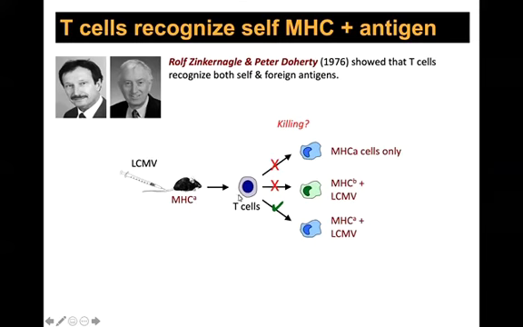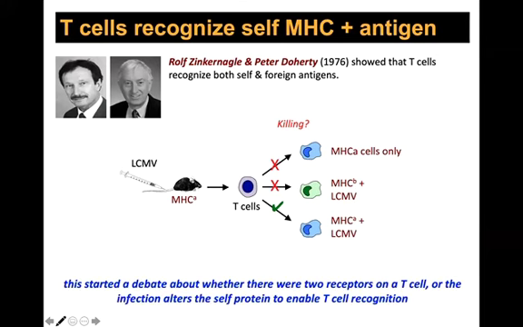Then they isolated the T cells and asked what kind of targets they could kill. They found that if they had MHC-A cells but no virus, there was no killing. If they had the wrong MHC, MHC-B haplotype plus virus, the T cells also did not kill them. It was only when you had the correct MHC, in this case the MHC-A haplotype, and LCMV, that you would get recognition and killing of the target cells.